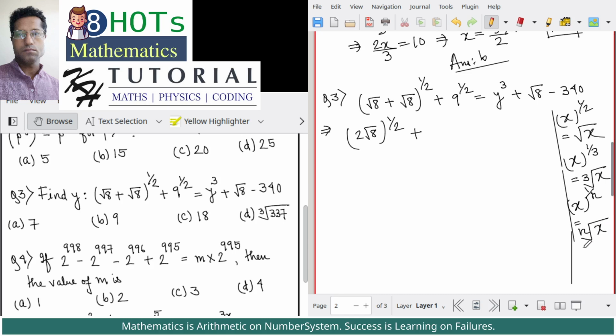So this thing is in radical form and this thing is in exponential form. They are the same values. So 9 to the power half means square root of 9, and I have on the right hand side y cube minus root over 8, plus root over 8, minus 340.